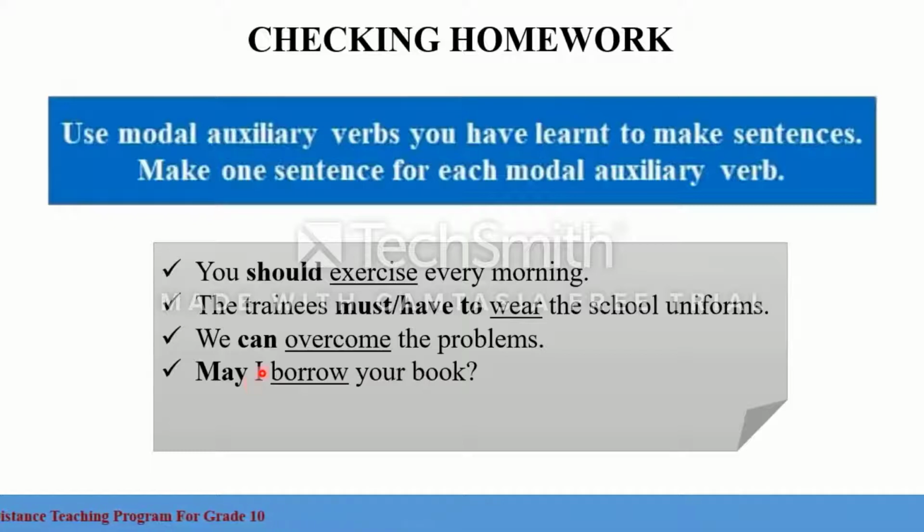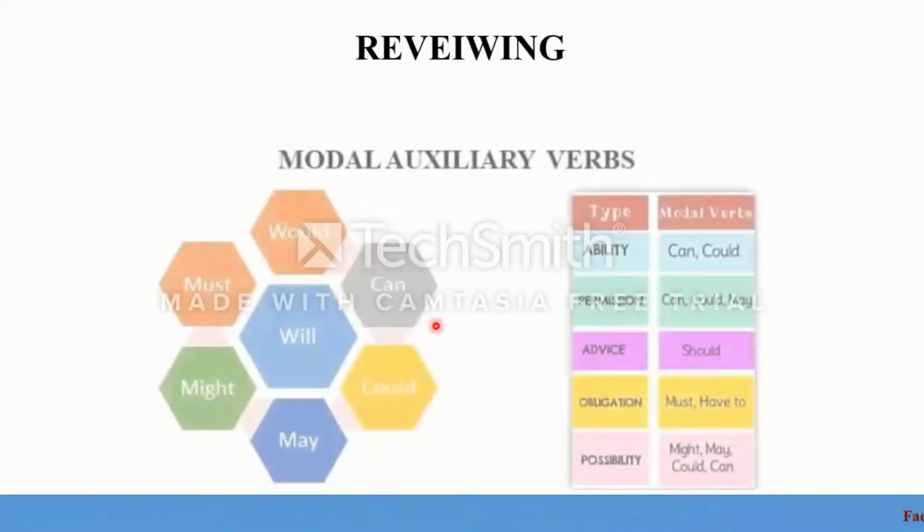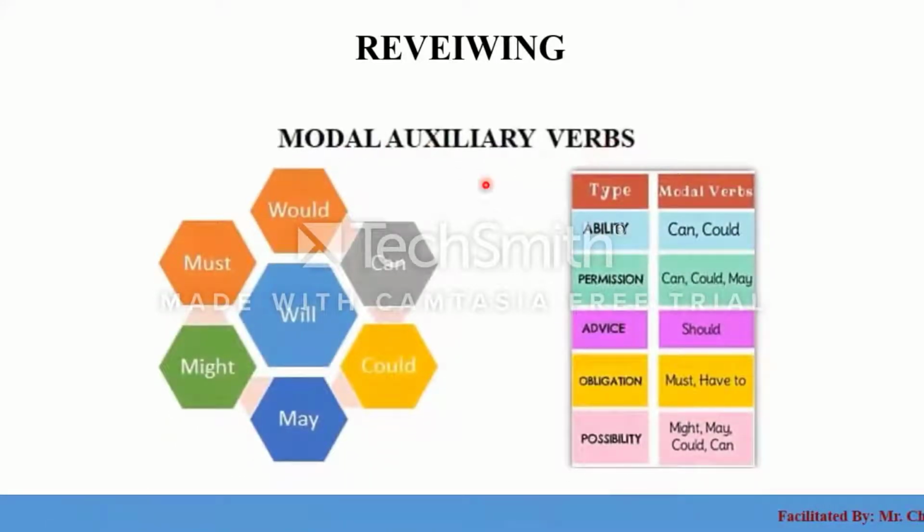All right, great job, guys. So let's make a quick review. Do you still remember what we studied last week? Of course, last week we studied modal auxiliary verbs. Here we have will, would, can, could, may, might, must.